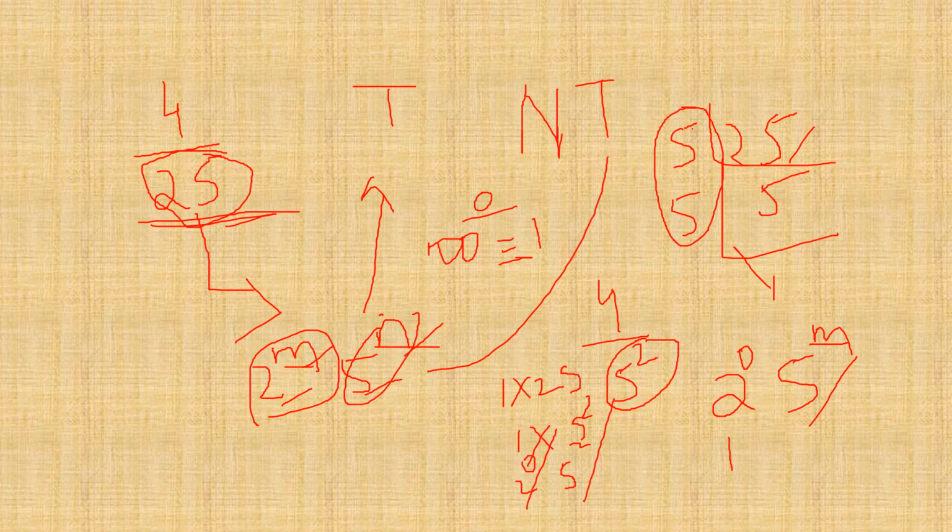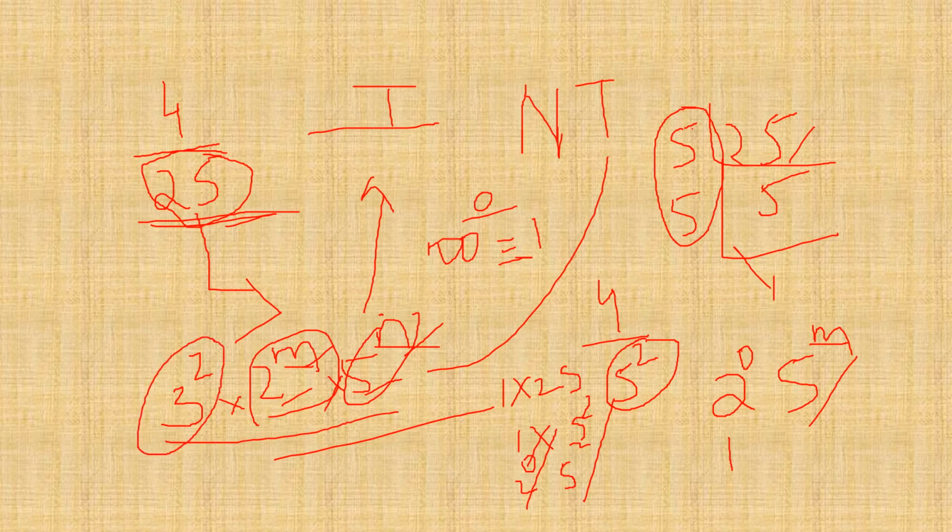So this type of numbers are called terminating. If the denominator is not in this form, meaning there is another number like 3 power something, 3 square, in the prime factorization, then they are called non-terminating. But you cannot directly tell it is non-terminating.